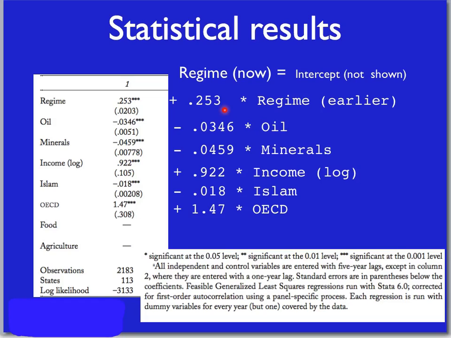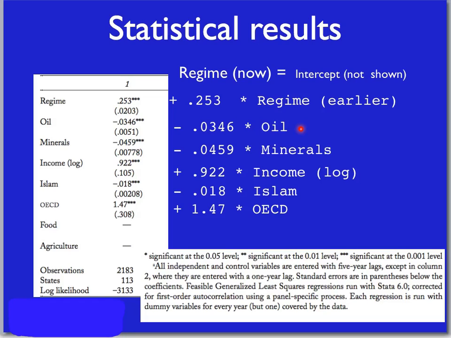When you predict current regime, the regime earlier has a positive effect on your democracy score. The higher your democracy score was before, the higher it's likely to be now. Oil, however, oil wealth has a negative effect on democracy.